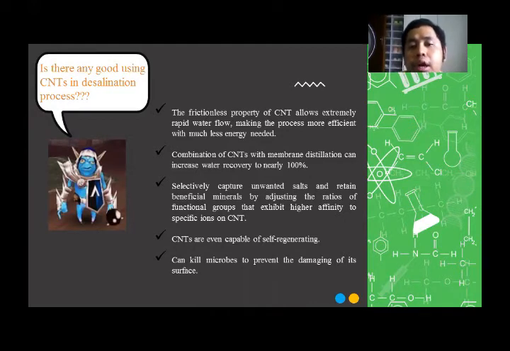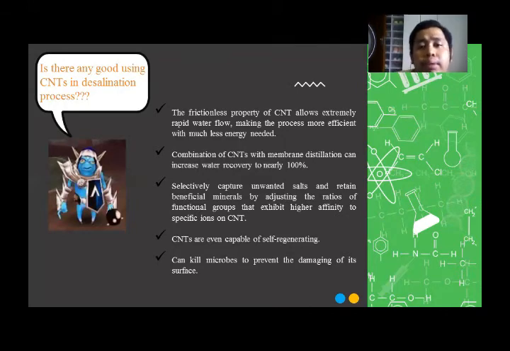Secondly, the combination of CNTs with membrane distillation can increase the water recovery to nearly 100%. In addition, it selectively captures unwanted salt and retains the beneficial minerals by adjusting the ratio of the functional groups that exhibit higher affinity with the specific ion on CNT.